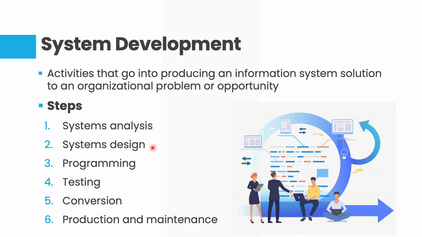Okay? And the next one is the programming step. This is where the builders, the programmers, take over. They write the actual code to turn the design blueprints into a real working software program.